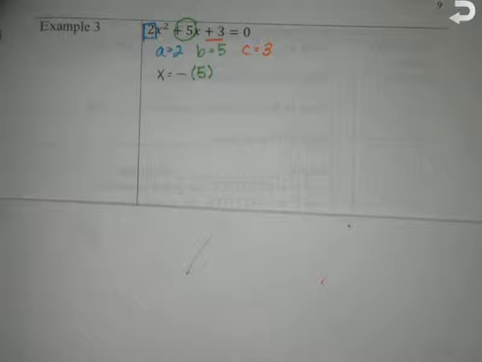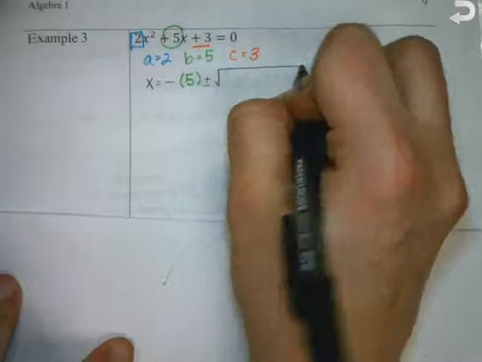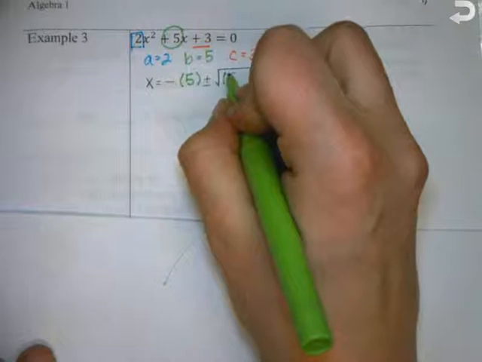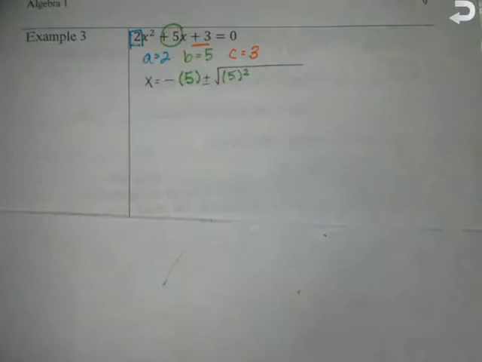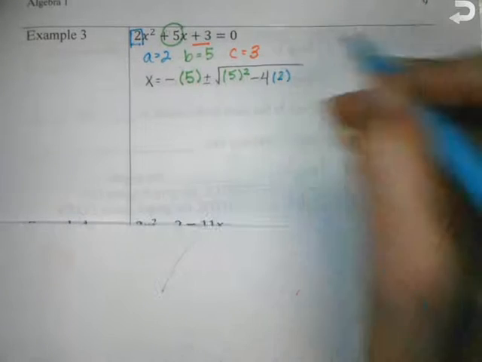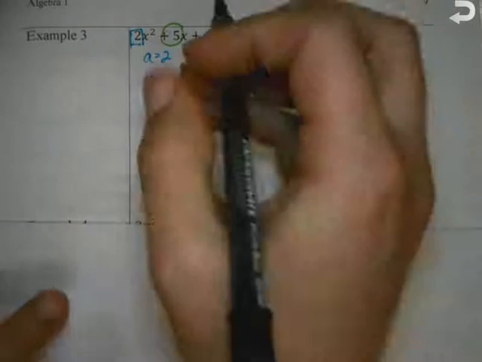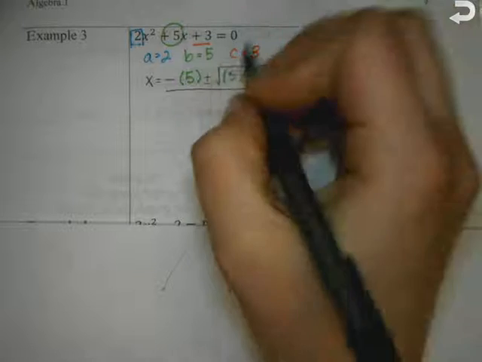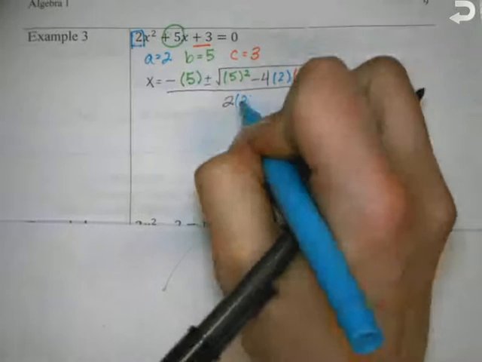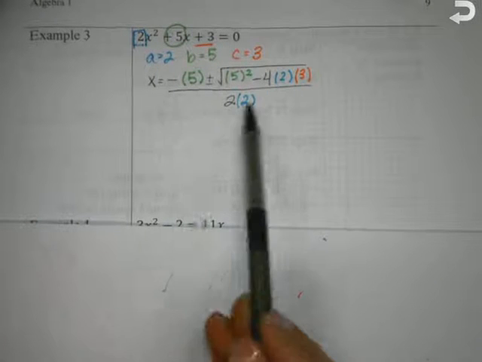Plus or minus radical B squared, 5 squared, minus 4AC, so 2 times 3, all over 2A, so 2 times 2. What I really want you guys to do is when using quadratic formula for the first step, write it all out, just plug everything in. Don't do any simplifying yet, okay? I need to make sure that you know how to plug everything in, okay?